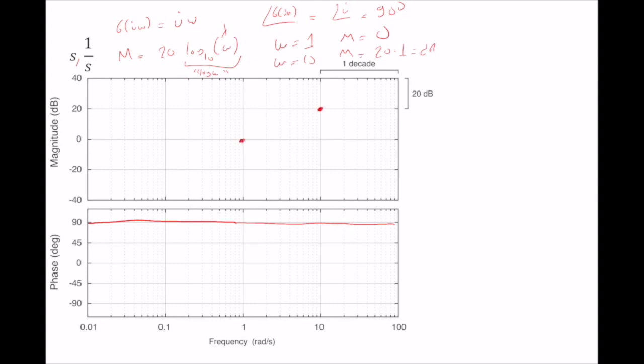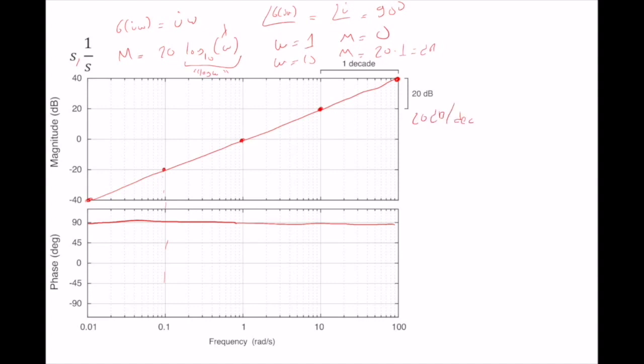If I go to 100, we will see that it will be 40. If I go back, 0.1 radian per second, it is minus 20, and minus 40. As you can see, the magnitude plot of s is a line with an inclination of 20 dB per decade. It's very simple.